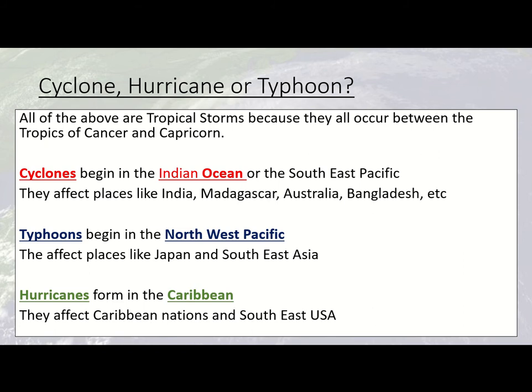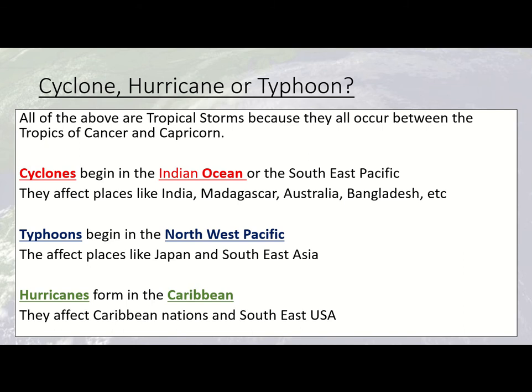If it begins in the Northwest Pacific, so places like Japan and Southeast Asia, then we call it a typhoon. And if it forms in the Caribbean, then it will affect the Caribbean nations, so Jamaica, Haiti, Cuba, and the southeast of the USA.